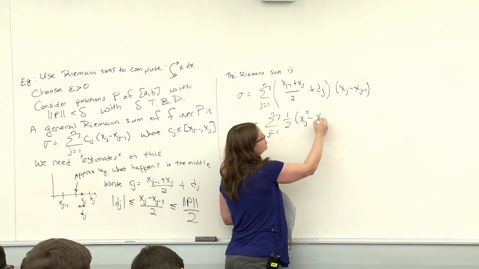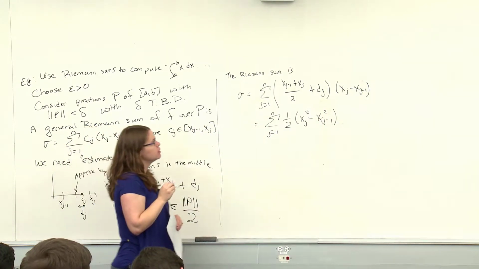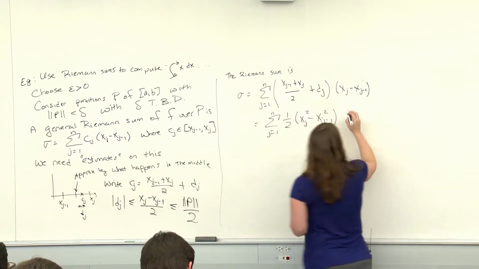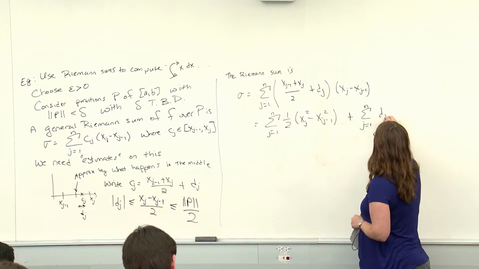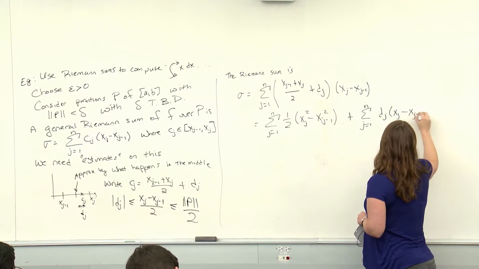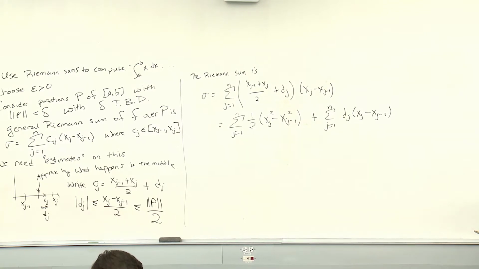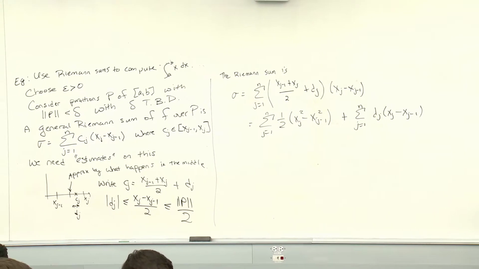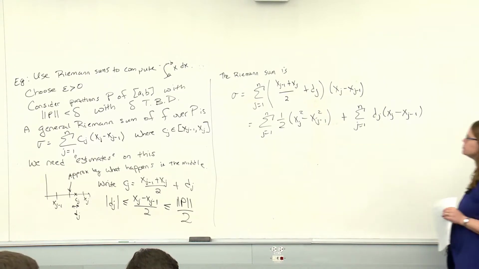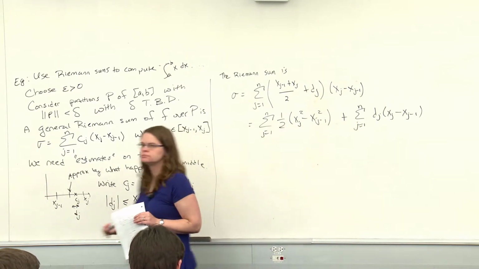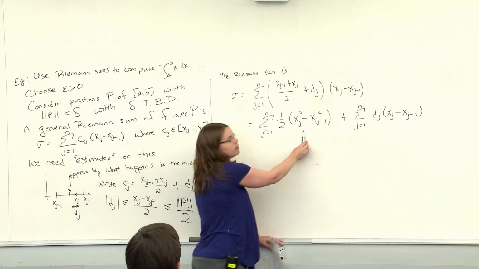Xj squared minus xj minus 1 squared, plus another term that involves these errors. Okay, so dj times xj minus xj minus 1.